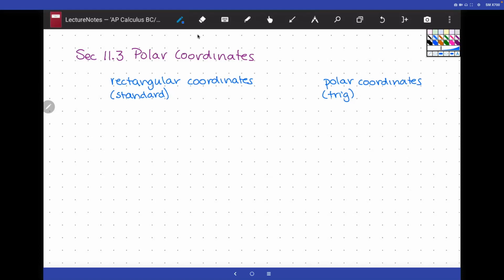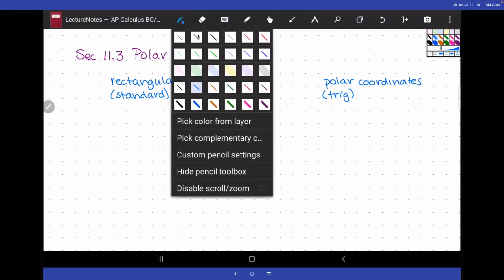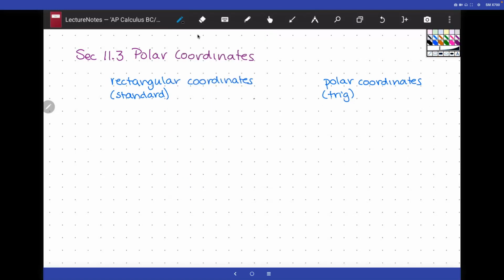We're used to an x and a y. Actually, I'm going to make a straighter line. I don't like that. Use our straight line tool. Okay, I got these little dots I'll make use of here.